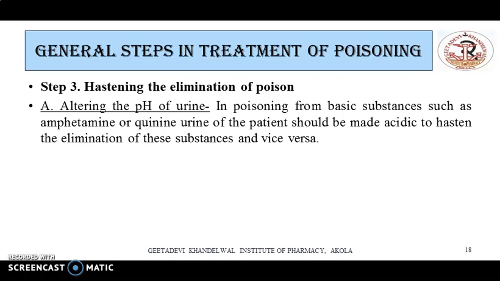Elimination of basic substances is increased in acidic urine pH, and vice versa, which means if acidic substances poisoning takes place, their rate of elimination is increased by making the urine alkaline.